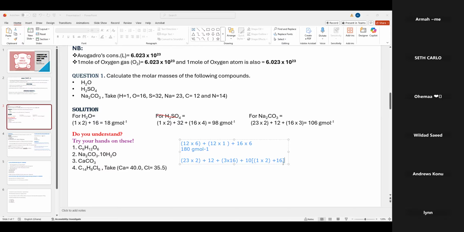Okay. So for you not to be confused, you can write the water somewhere, do the molar mass there, and then just bring your value. If you are to do that, you have 10 into bracket 18.